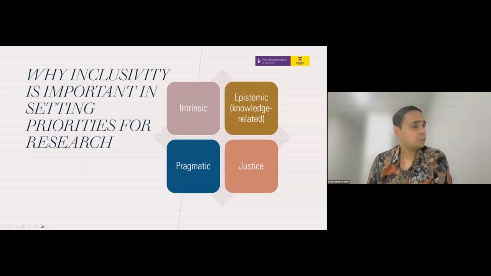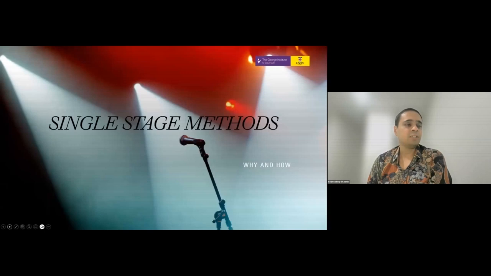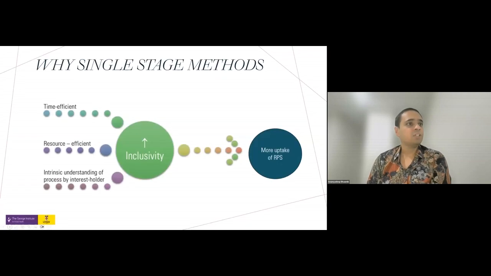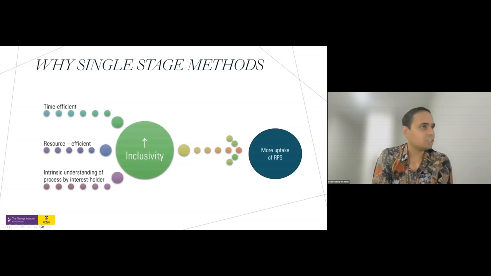And we all try to do that in research priority setting, but how do we do that is quite challenging. And this is where single stage methods come in. So the theory behind single stage methods is that, because they're single stage, they are time efficient, they are resource efficient, and they provide an intrinsic understanding of the process by the interest holders.